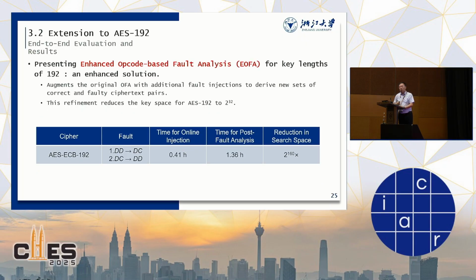Some other extensions: we explore the case for AES-192. The core idea is that for 1 bit injection, it's probably not enough, so we try to find different ways to inject more bits in this case.